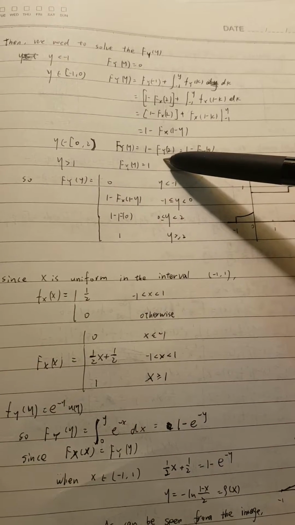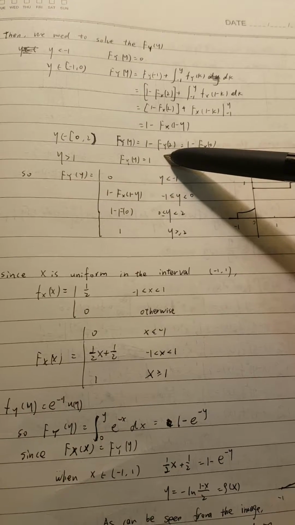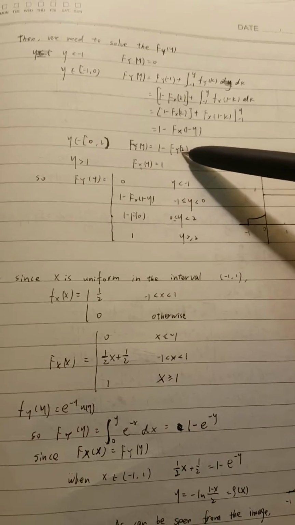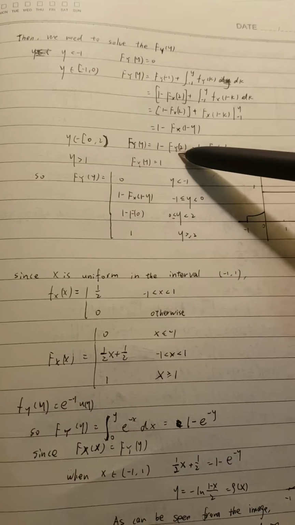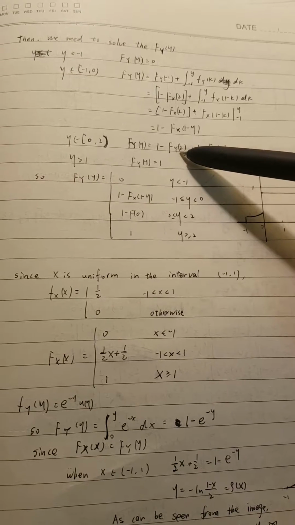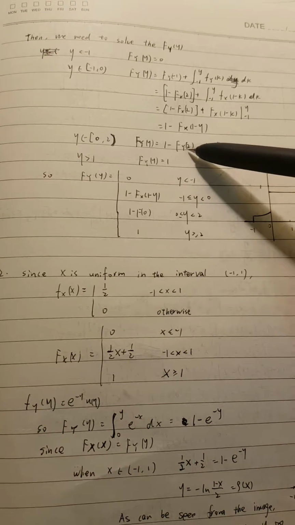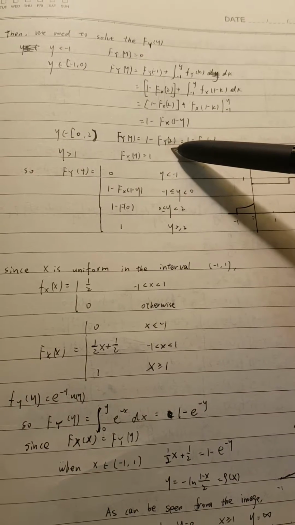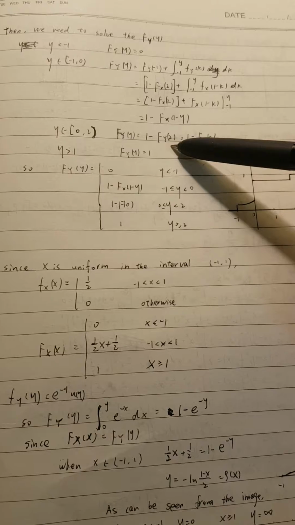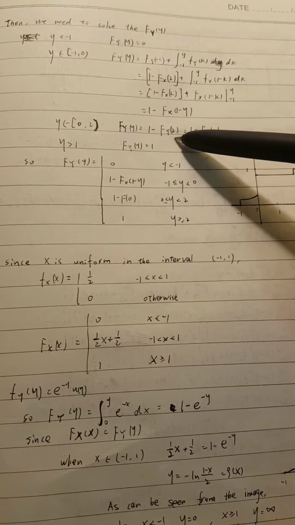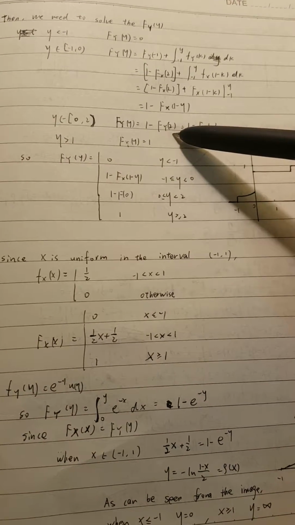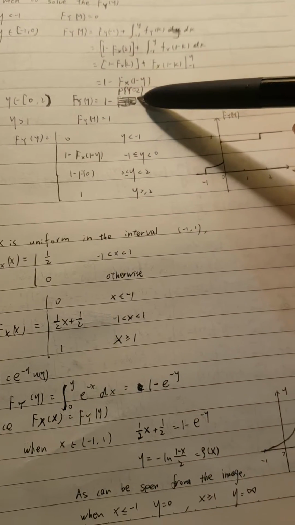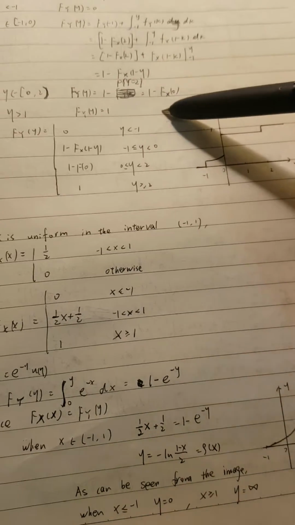And when we calculate the probability distribution function of Y when Y belongs to 0 to 2, we could see that the result equals 1 minus the probability that Y equals 2.